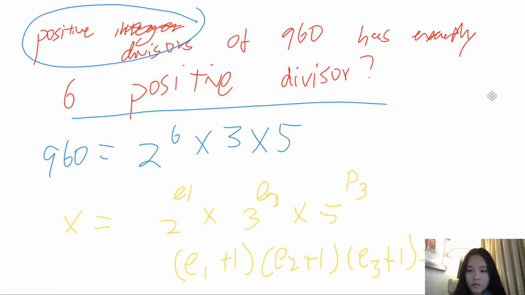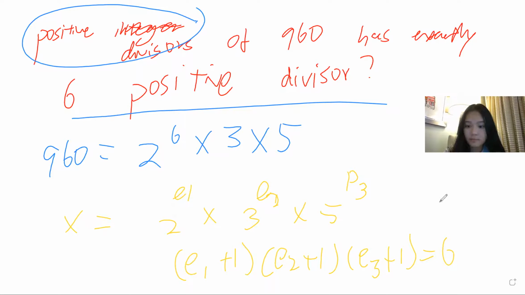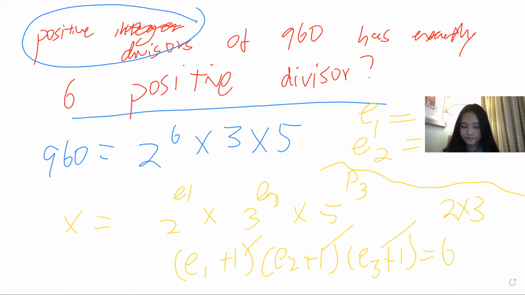Now, how can we get 6? We'll get it from 2 times 3. So we know one of these is 1, one of these is 2, one of these is 3. So let's say E1 equals 1, I'm just assigning this without loss of generality, and then E3 equals 3. Let's just say that, but let's ignore that there are 2, 3, and 5.